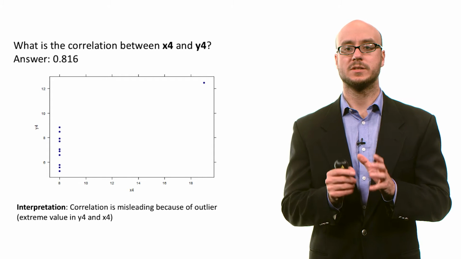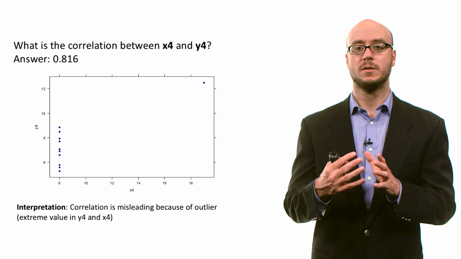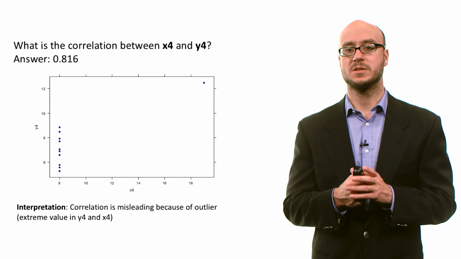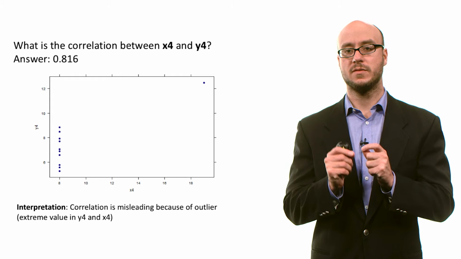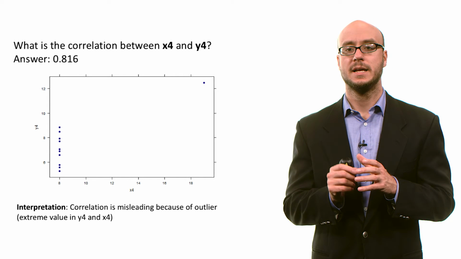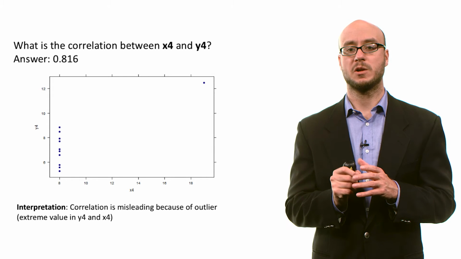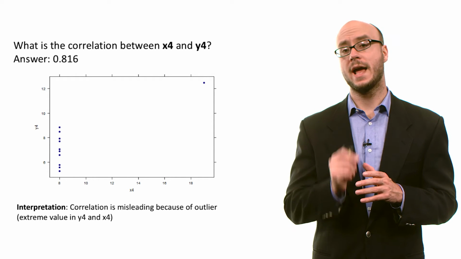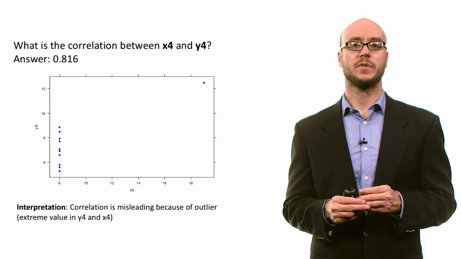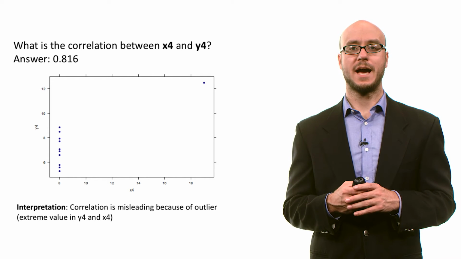In a similar way, for y4, most of the data points are kind of lower, and then we have this one outlier in terms of y4. So for this scatter plot, we have a data point that is an outlier with respect to both y4 and x4. Okay, that's that data point in the upper right-hand corner of the scatter plot.